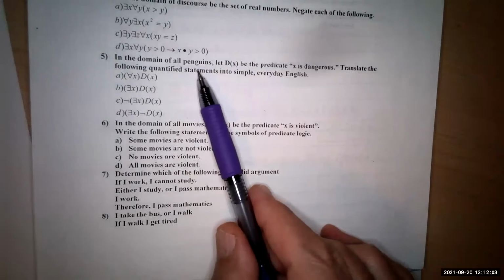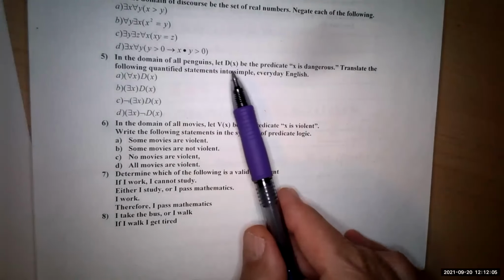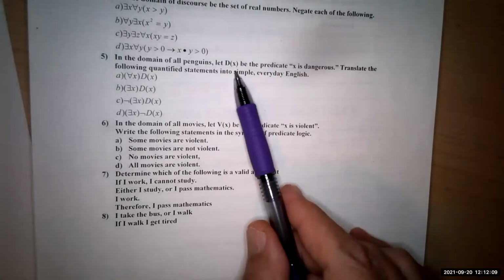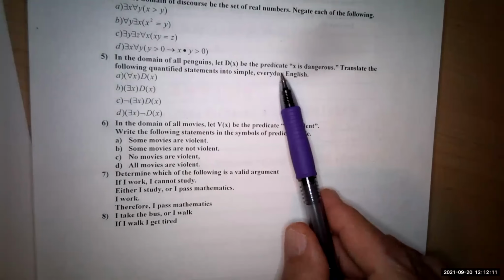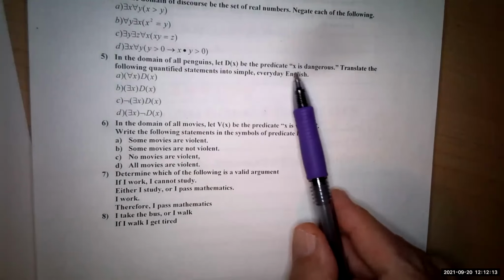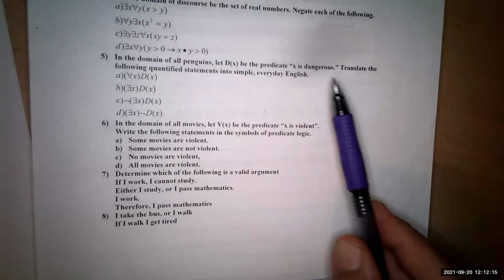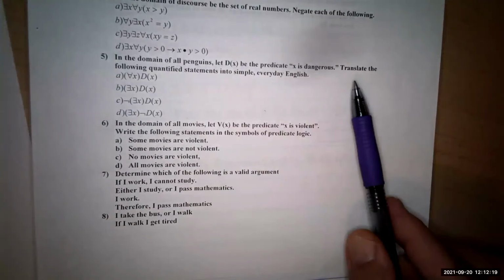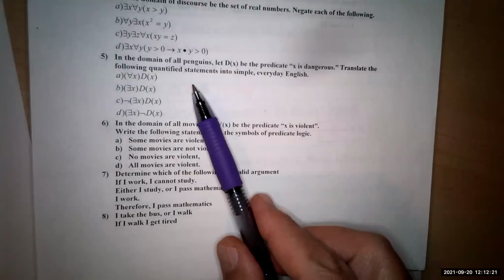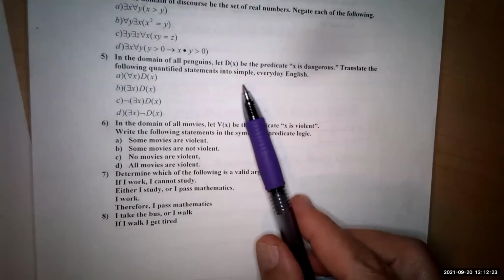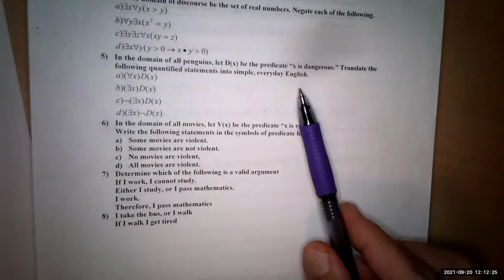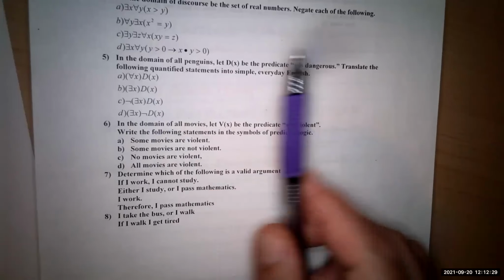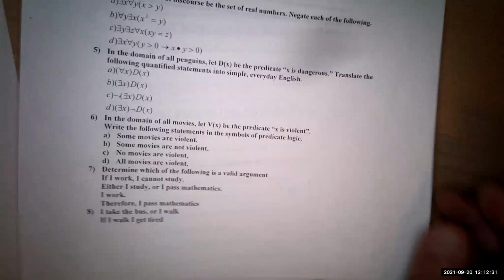The domain is penguins. So x is a penguin, and D of x means the penguin is dangerous, but it depends how many you have. Now we want to translate the following quantifier statements into simple everyday English. For example, the first one, for all x, D of x. Any suggestion?